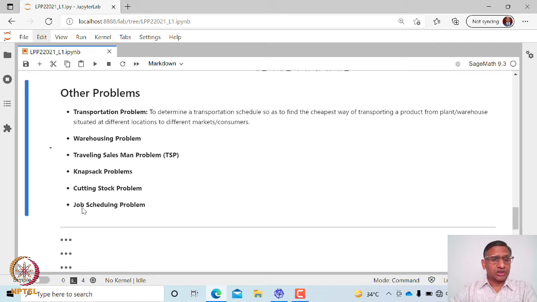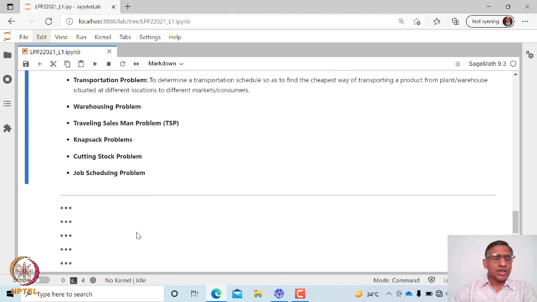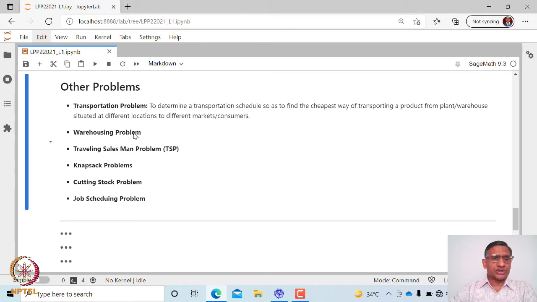So these are called job scheduling problems. There are a host of linear programming problems that you can come across. We come across linear programming problems almost every day in our daily life, not just in industry. So I request all of you to explore these problems and see how you will formulate them.